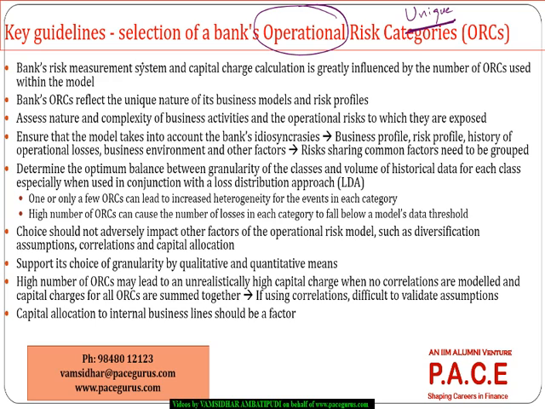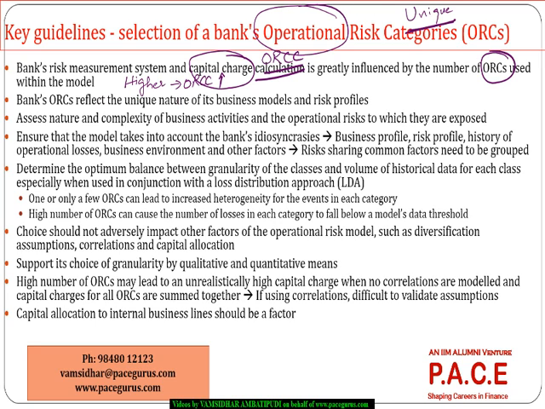The risk management system of the bank and the capital charge, ORCC, operational risk capital charge, are greatly influenced by the number of categories that we are using in the model. So the higher the number of categories, there is a good chance that the ORCC is higher. So that's where the problem comes. How many ORCs, how many categories, do we need to identify?